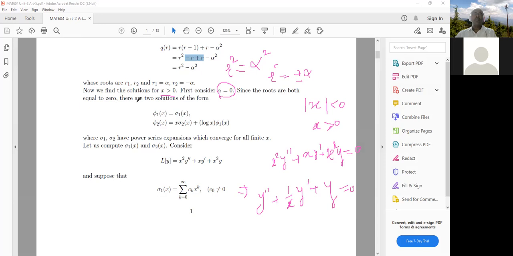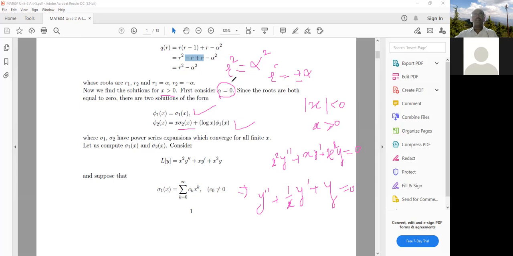Then two solutions of the equation whenever alpha is 0 are given by these formulas. Phi 1 of x is sigma 1 of x, and second solution is written with the help of first solution, that is x into sigma 2 of x plus log of x into phi 1 of x.